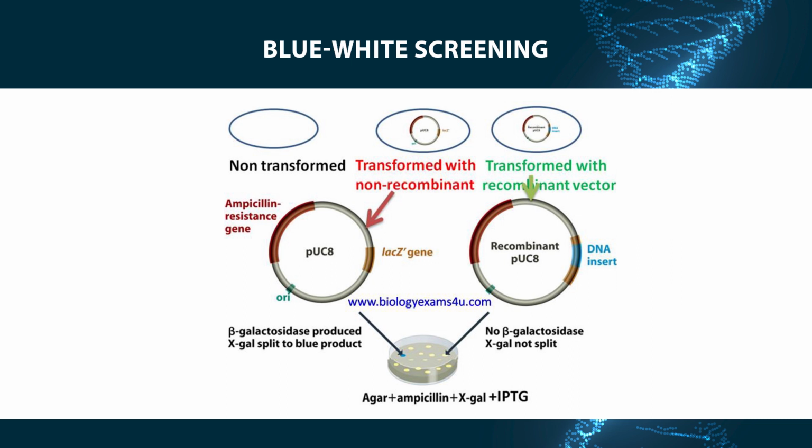To be more precise, this is combined with the selectable marker technique, that is, this particular mixture is cultured in the presence of an antibiotic. So what will happen when it is grown in the presence of antibiotic? Only the cells with vectors will grow, because they have an ampicillin resistance marker gene.